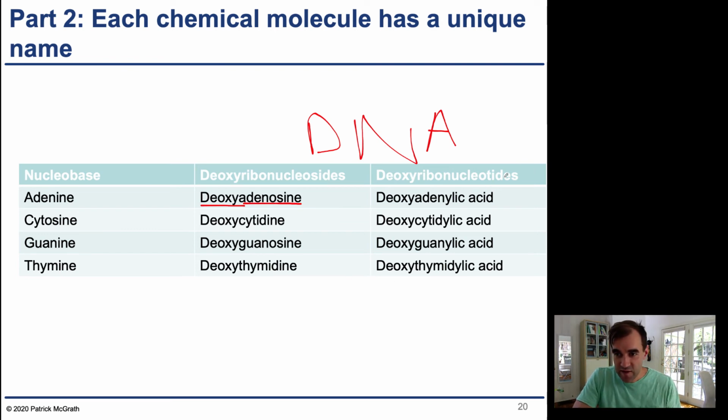And then if we add the phosphate group, we've made the nucleoside acid, because remember the phosphate is why it's acidic, and so we also add an acid to the name.